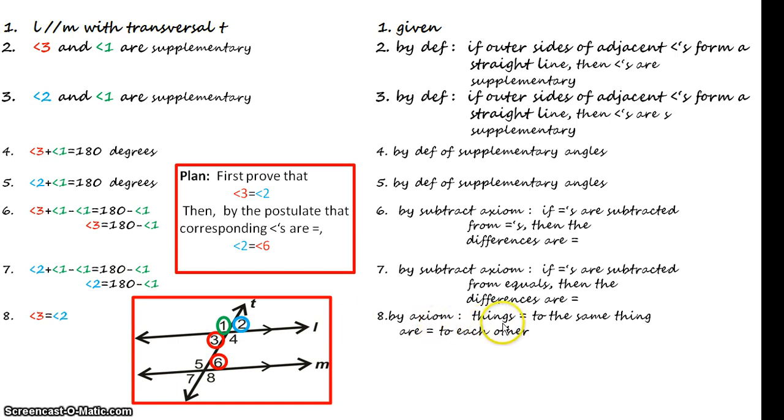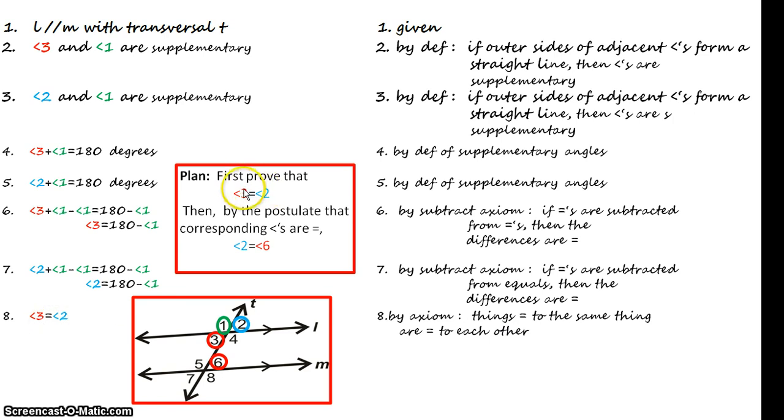We have an axiom that says that things equal to the same thing, meaning angle 3 and angle 2, these are the things, are both equal to 180 minus angle 1, so these things are equal to each other.